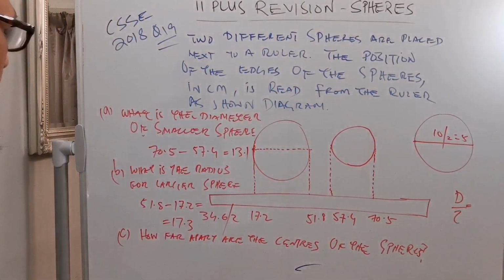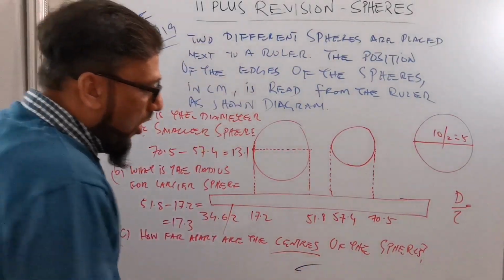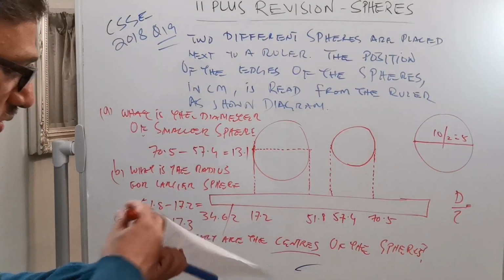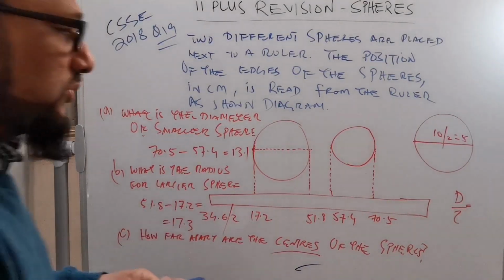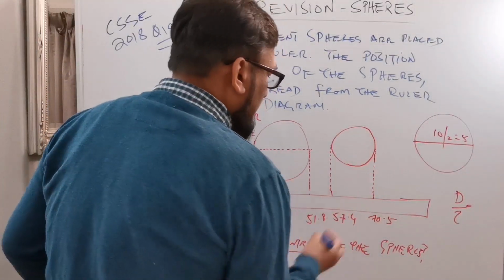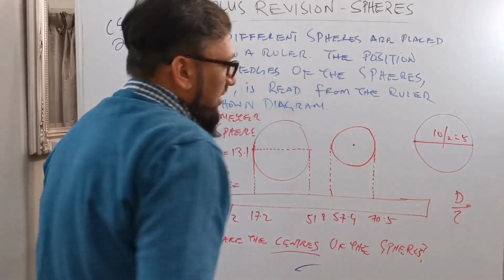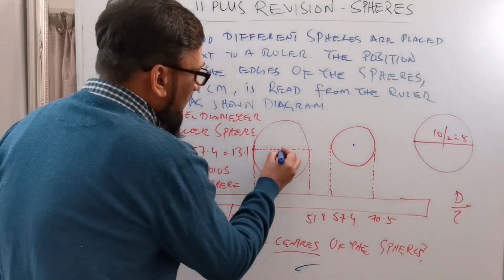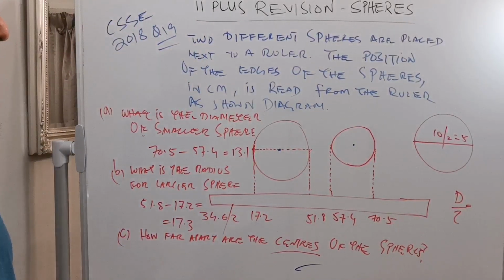First we need to find the center point of each sphere. This is the center point for this sphere, and this is the center point for this sphere.